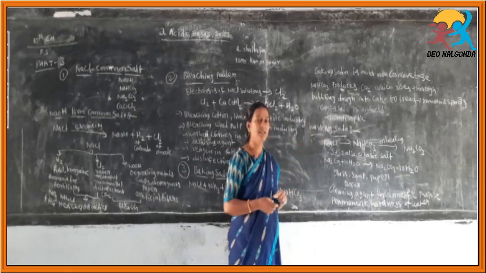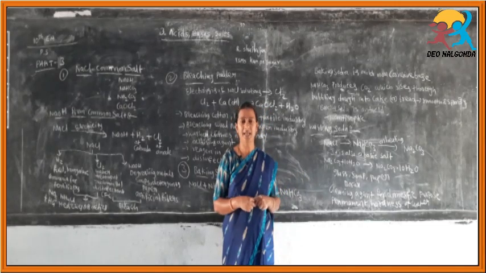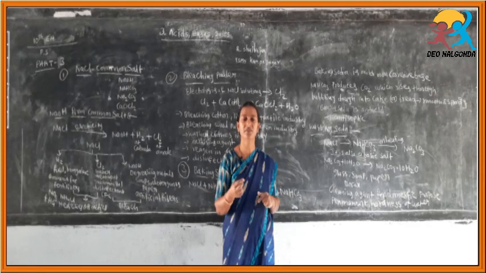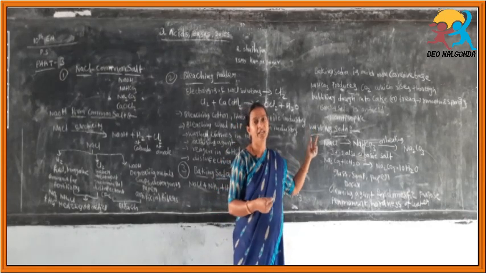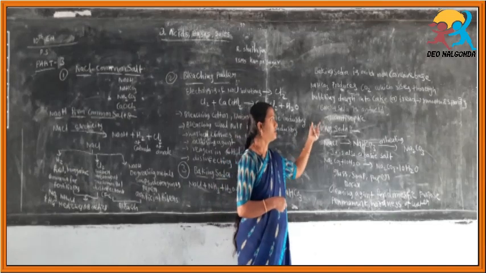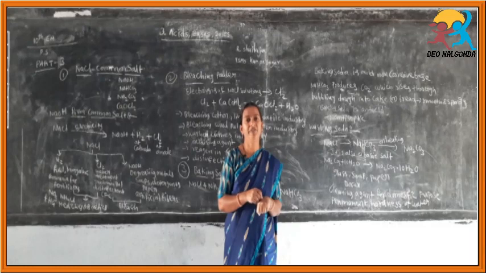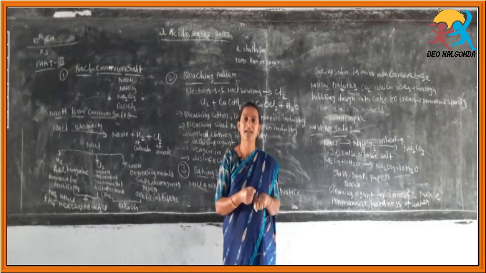This baking soda is also used as an antacid. Why? Because it has a mild basic nature. If acidity increases, a little baking soda neutralizes that acidic nature. It is also used as an antiseptic. Suppose a honeybee stings our body, we feel pain. Why do we feel pain?